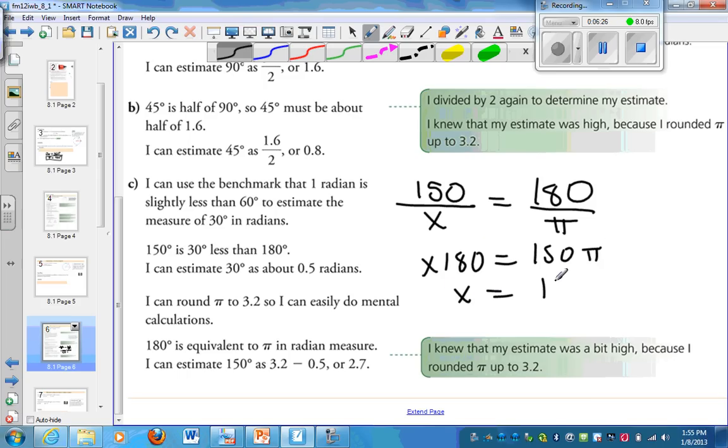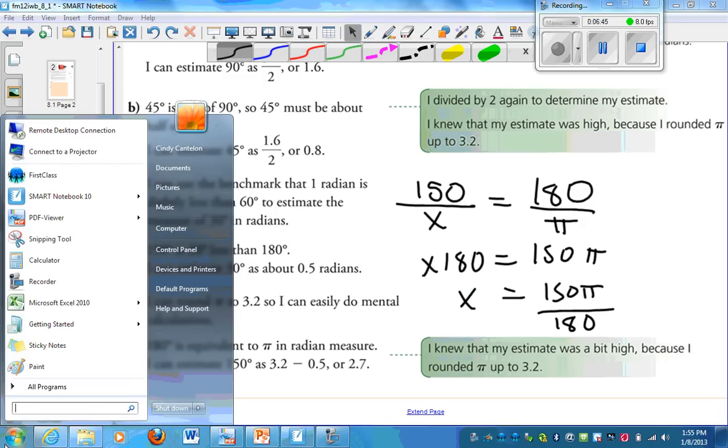X is equal to 150 pi divided by 180. We divide both sides by 180 to get our answer. Let's see what we get here.